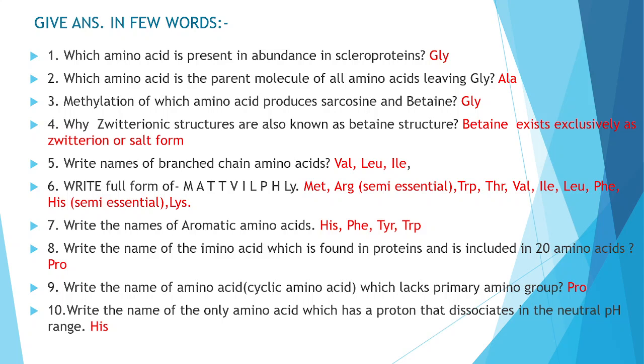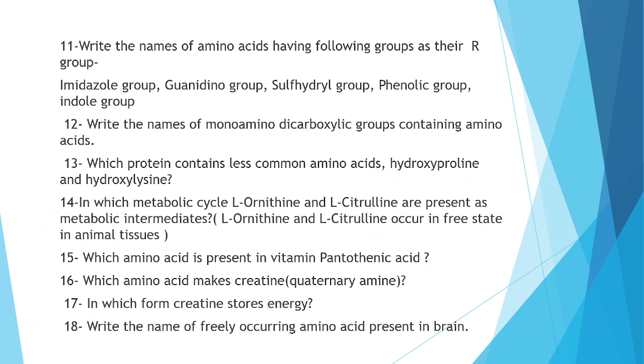It is proline. Cyclic amino acid lacks primary amino group is again proline. And write the name of only amino acid which has a proton that dissociates in the neutral pH range is histidine. So these are the answers of these questions.